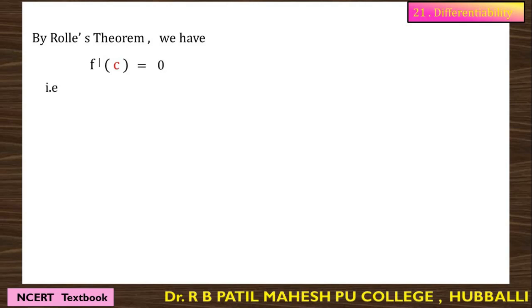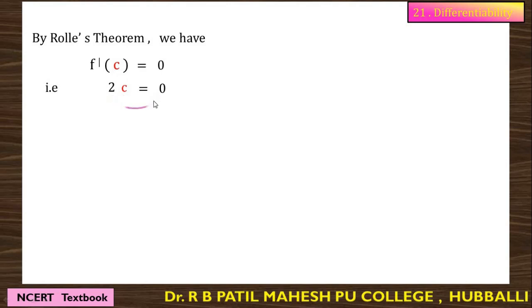So f dash of c equal to 0, that is 2c is equal to 0. So here so many students they write x only. If you write x, it is a general point, variable it is. So be careful students, here you write 2c. In f dash of x function, replace x by c number. Okay, that is 2c equal to 0.